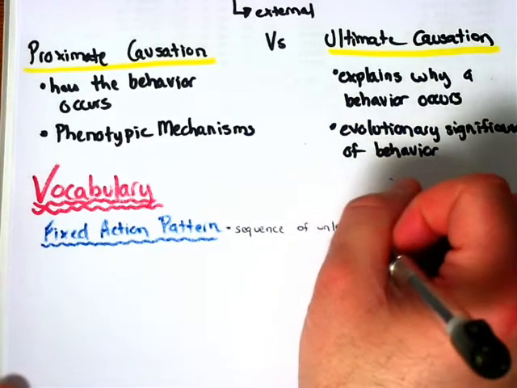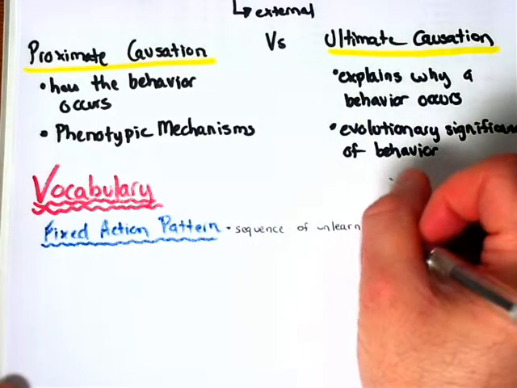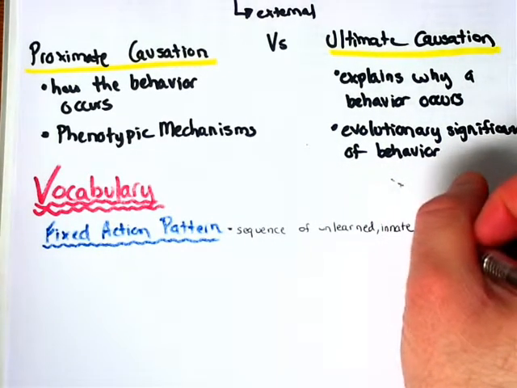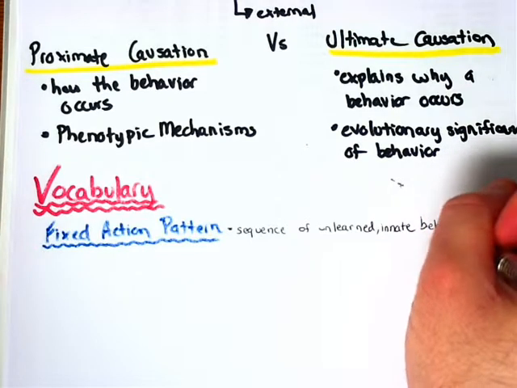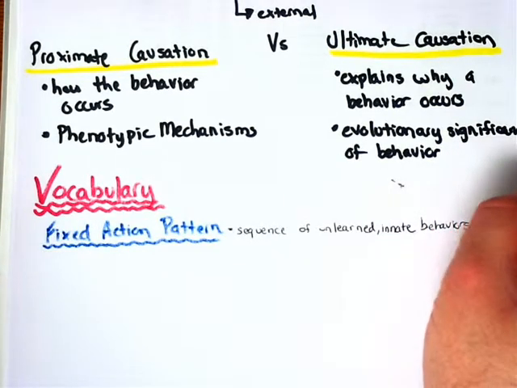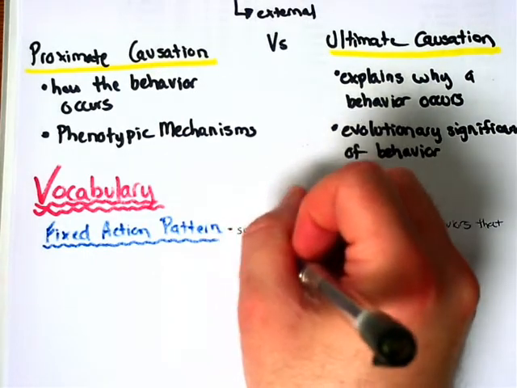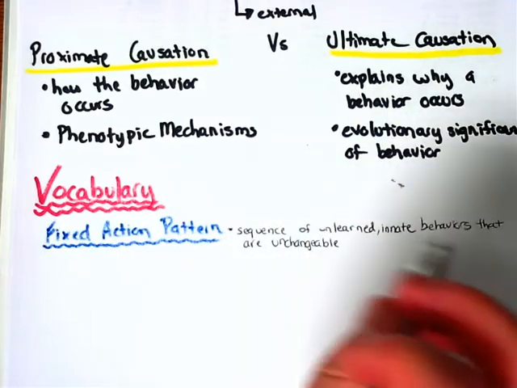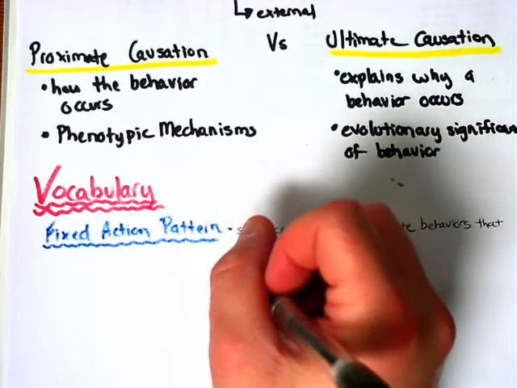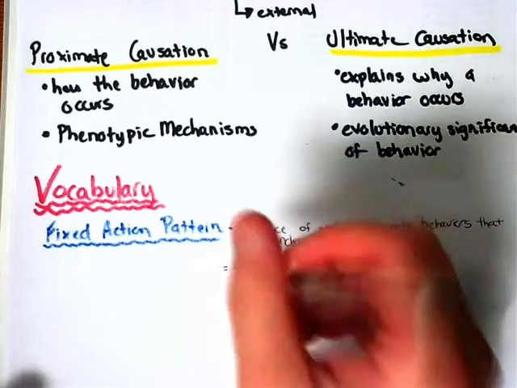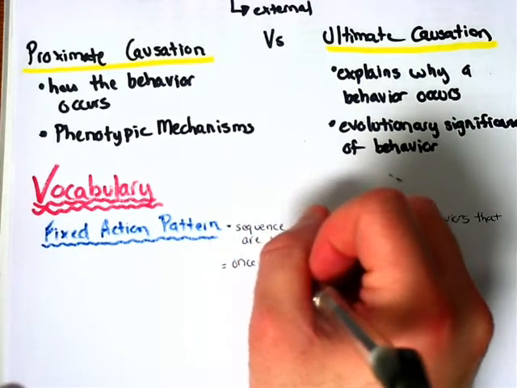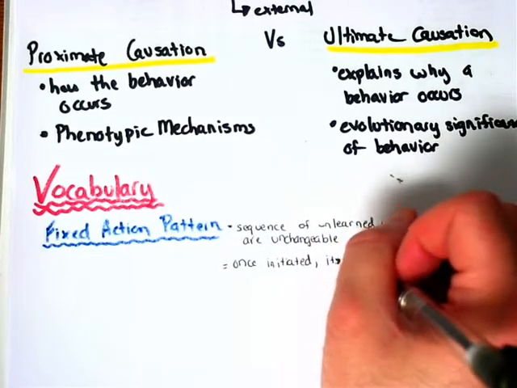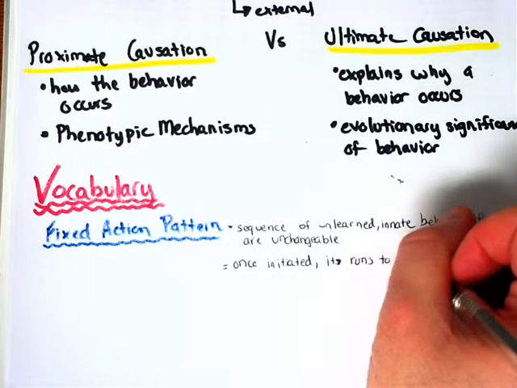These events are unlearned and innate, which means it's something that you're built with. And they're unchangeable. This is the type of event that, once it has begun, once initiated, runs to completion.